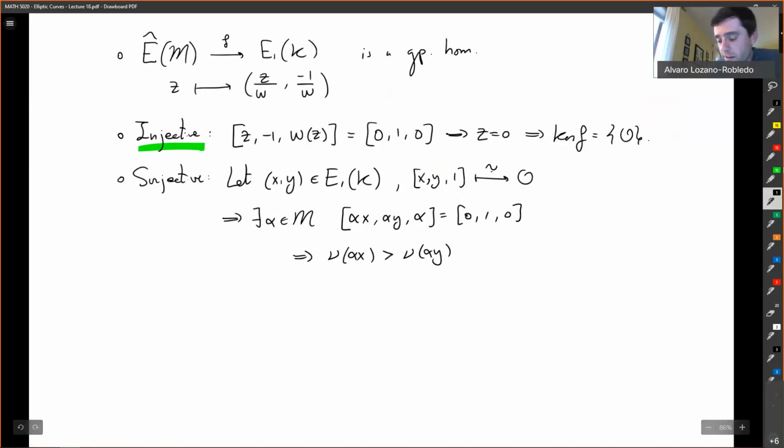And that tells me that, remember, the valuation of alpha x is going to be the valuation of alpha plus the valuation of x. So this says that the valuation of x is bigger than the valuation of y. Okay, and that tells me that the valuation of x minus the valuation of y is bigger than 0, and that tells me that the valuation of x over y is bigger than 0.